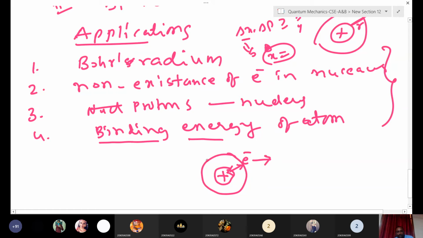That energy is the binding energy. So the amount of energy required to eject the electron from the nucleus is the binding energy. This electron is bound to the nucleus with a particular energy, that is the binding energy.